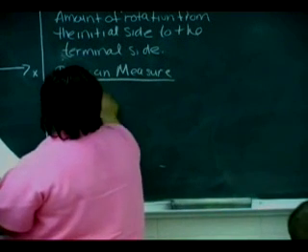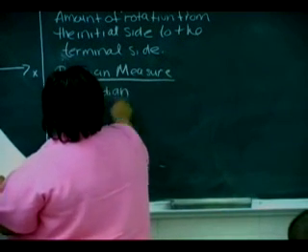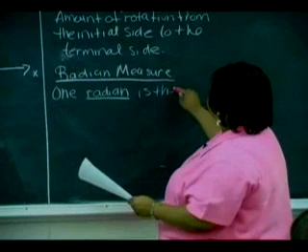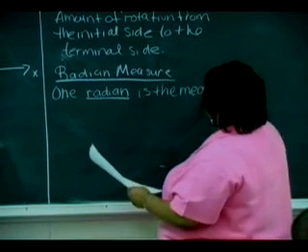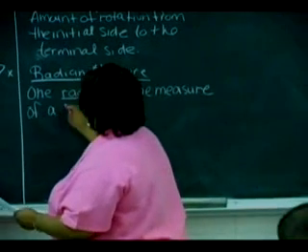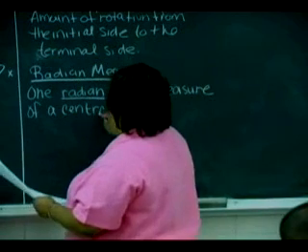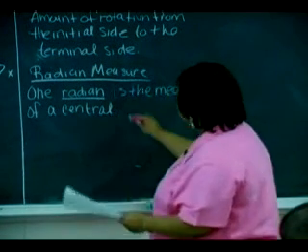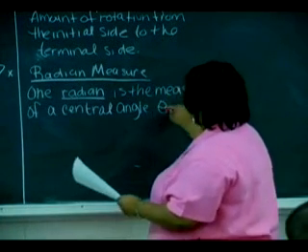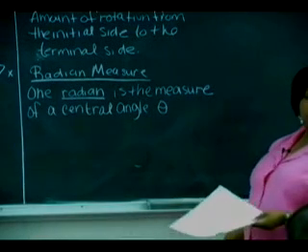One radian is the measure of a central angle theta that intercepts an arc S equal in length to the radius R of the circle. Theta is another one of those Greek letters.